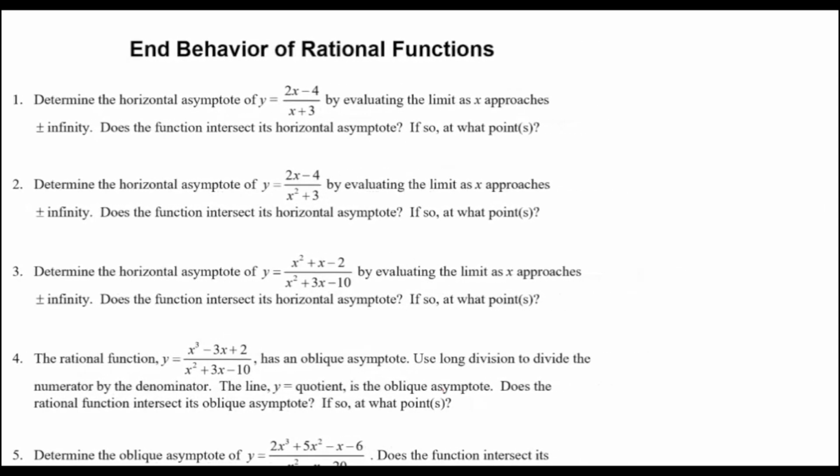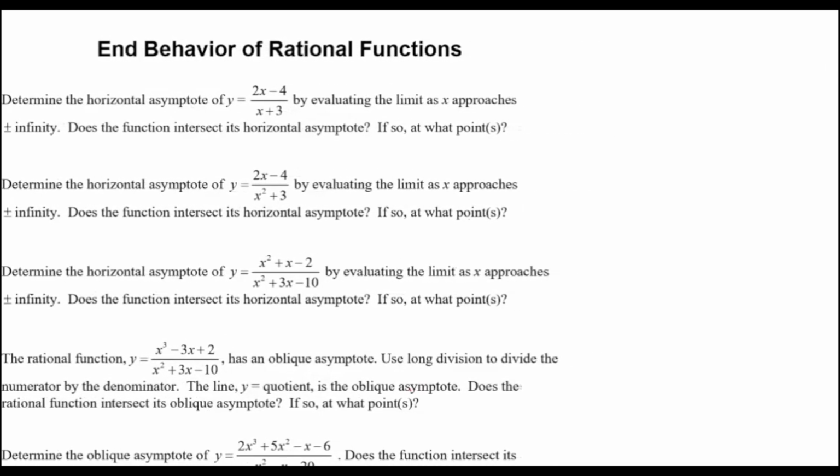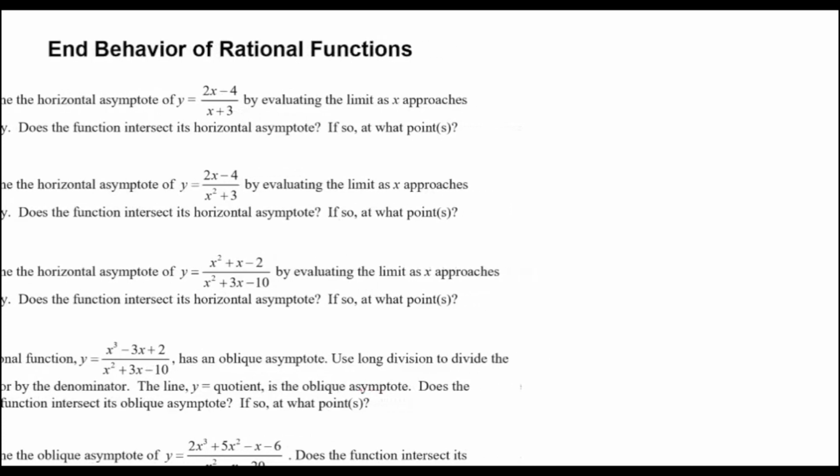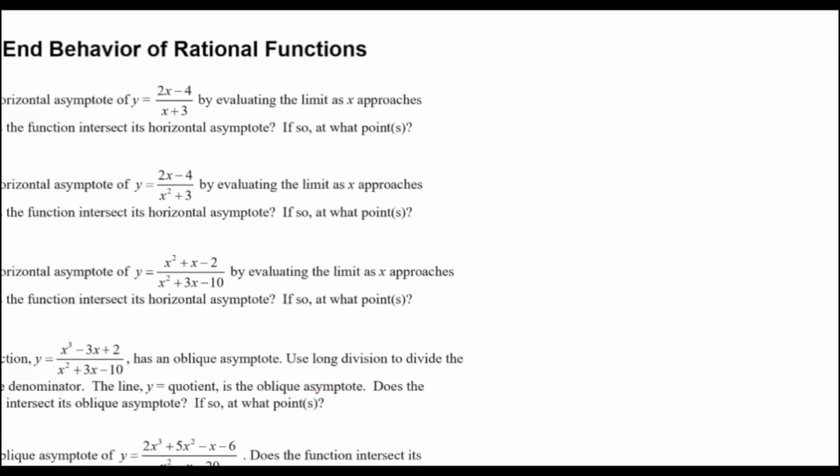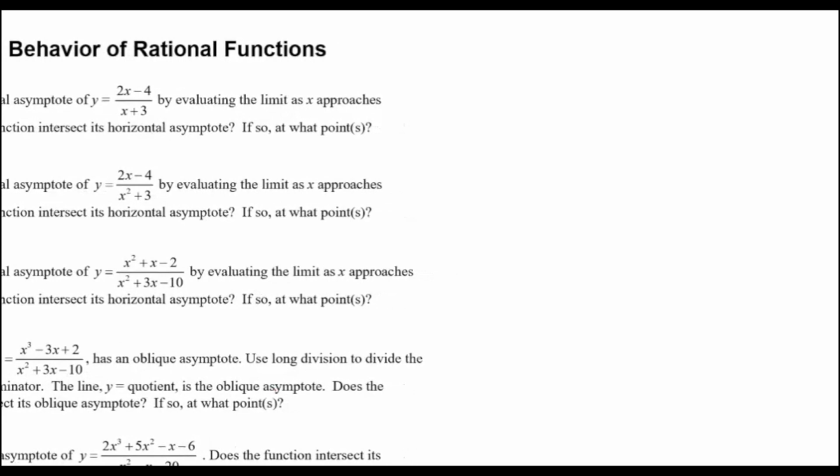And this is where I bring in what I call the HA rules, which just stands for horizontal asymptote. So let me show you how I refer to the horizontal asymptotes and how to find them. Again, I call this HA rules.